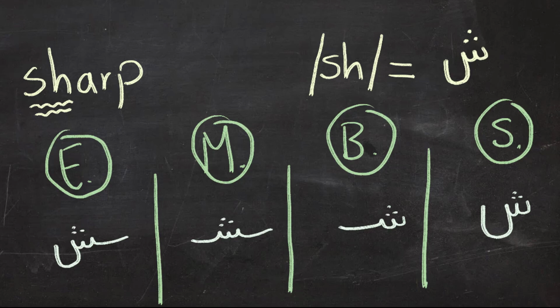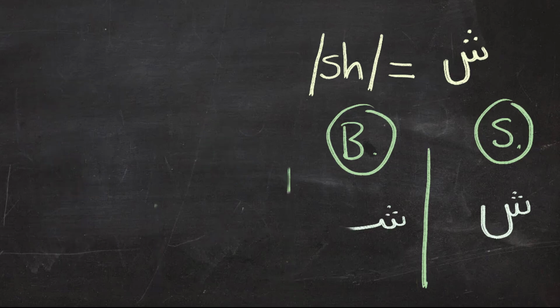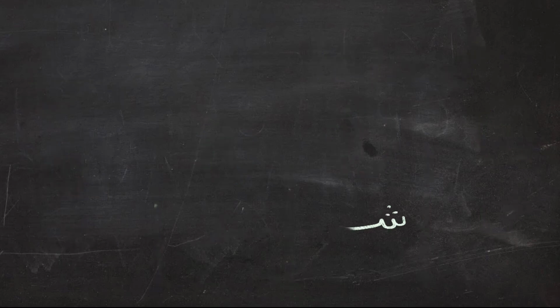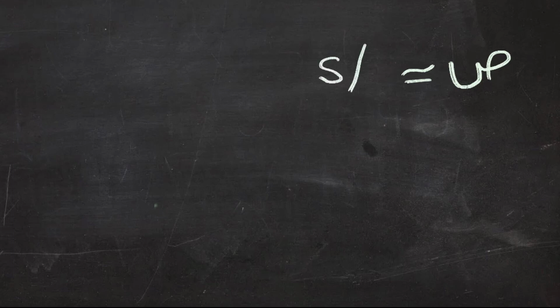Next up, a sound that is a little bit tricky, and it looks strikingly the same as the seen, yet it is not the same. And that is sod. Sod is, let's say, a heavier version of the seen. It is not the same as sin. Sod is much heavier.